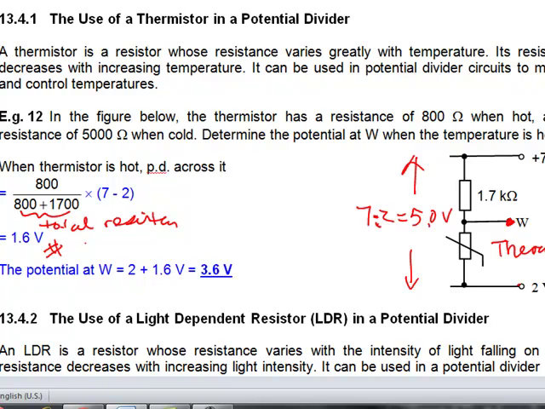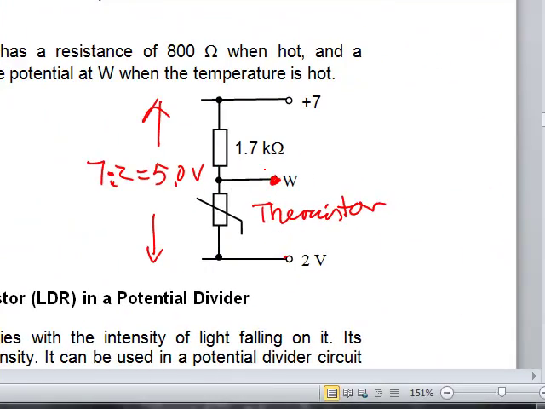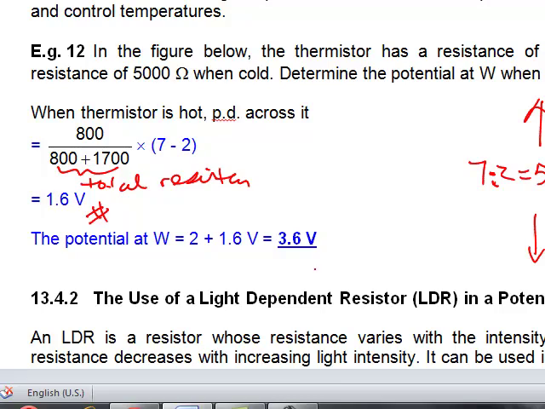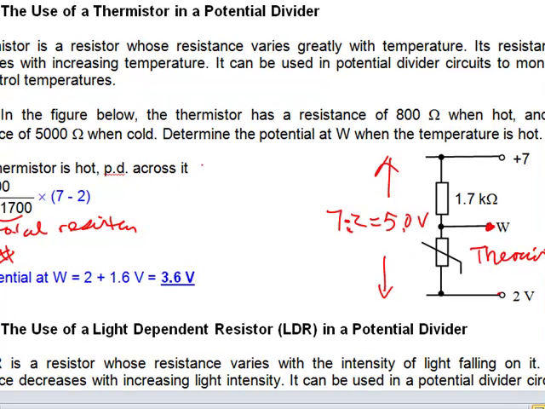Now this 1.6 is the potential difference between the lower end of 2 volt and the point W. So the potential at W itself is 2 plus 1.6, or 3.6. Okay, we can repeat the calculation for the case when it is cold. When it is cold, the PD across it is 5000 divided by 5000 plus 1700, times 5.